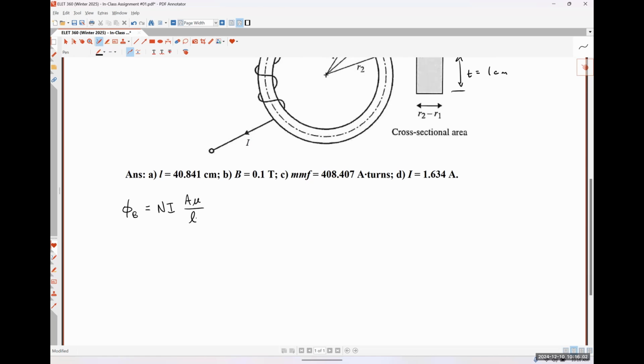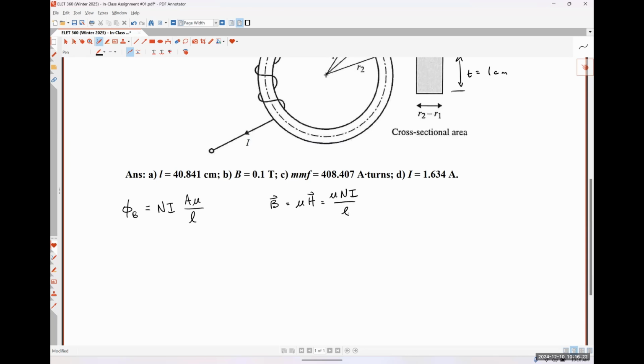So that's our equation for our flux. We also determined the relationship B was equal to mu H, which was mu N I over L.